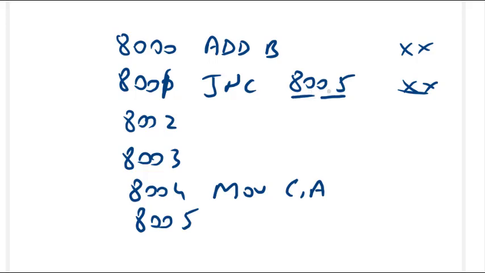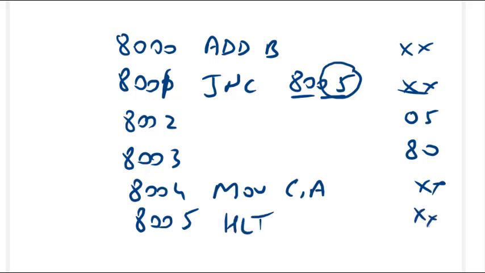The jump is to 8005, so first 05 is entered and then 80. The jump address is entered in reverse order. Then the opcode of MOV C, A comes, and then the halt opcode.